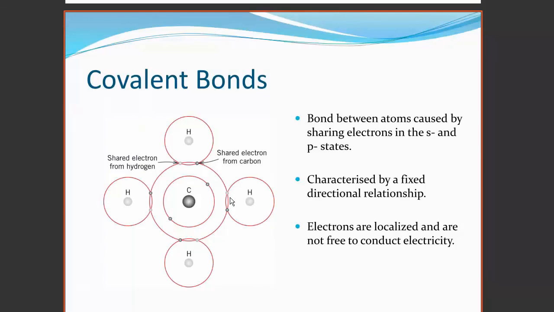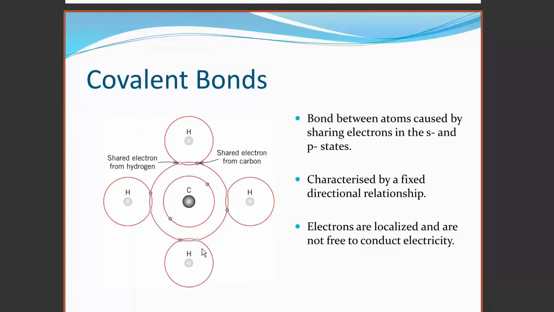Here we see carbon bonding with 4 hydrogen atoms. To explain this fully, we would have to understand how the S and P shells, or subshells, in the outer shell of carbon form hybridized orbitals.